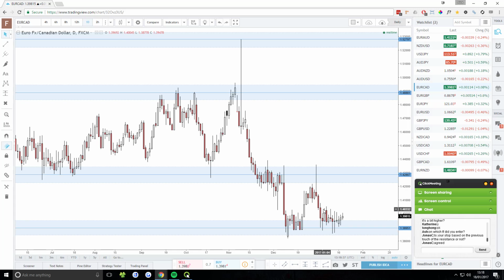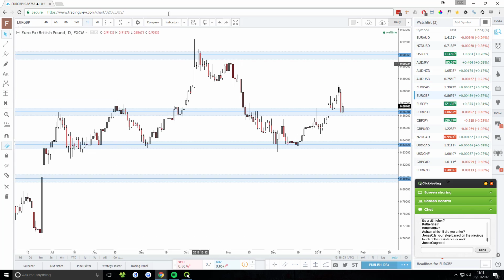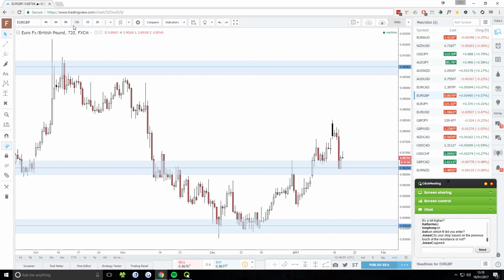But even so, I don't trade it because I have the patterns I look for and they're a lot cleaner and a lot more profitable for me. But this year I want to start looking at different things and possibly trading different things. We'll talk about that as the year unfolds. Euro GBP, what is going on with that?